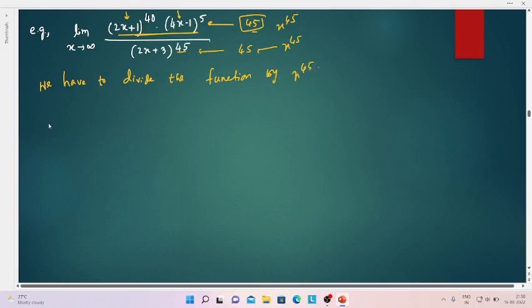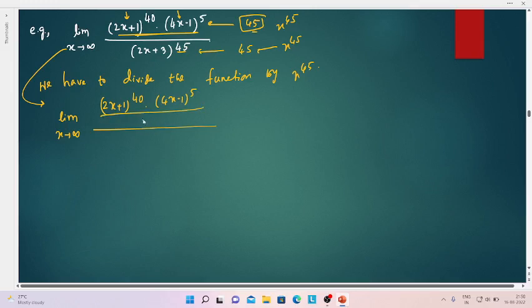So that will become the limit as x tends to infinity, where the numerator will become (2x + 1)^40 times (4x - 1)^5 upon x to the power 45, and the denominator will become (2x + 3)^45 upon x to the power 45, as that part has degree 45 and that part has degree 45, right?